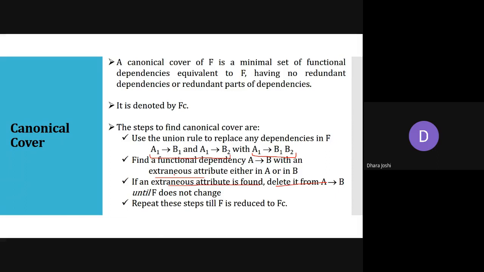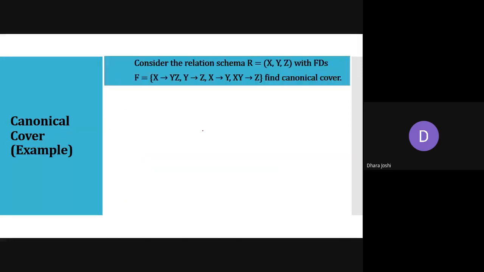We need to reduce our functional dependency set F to FC, and the meaning of FC should be equivalent to F. So ideally the meaning should remain equal, but we are going to reduce the number of dependencies with the help of all these rules.